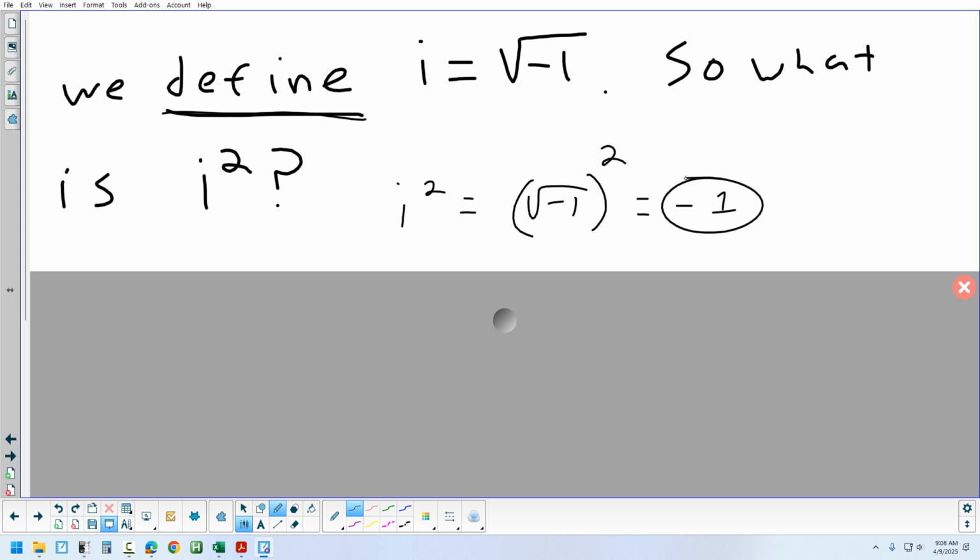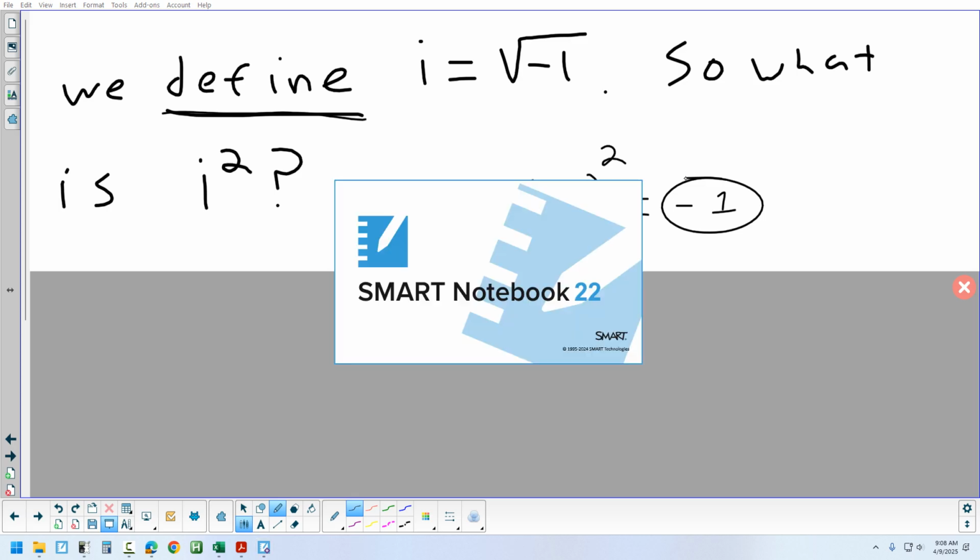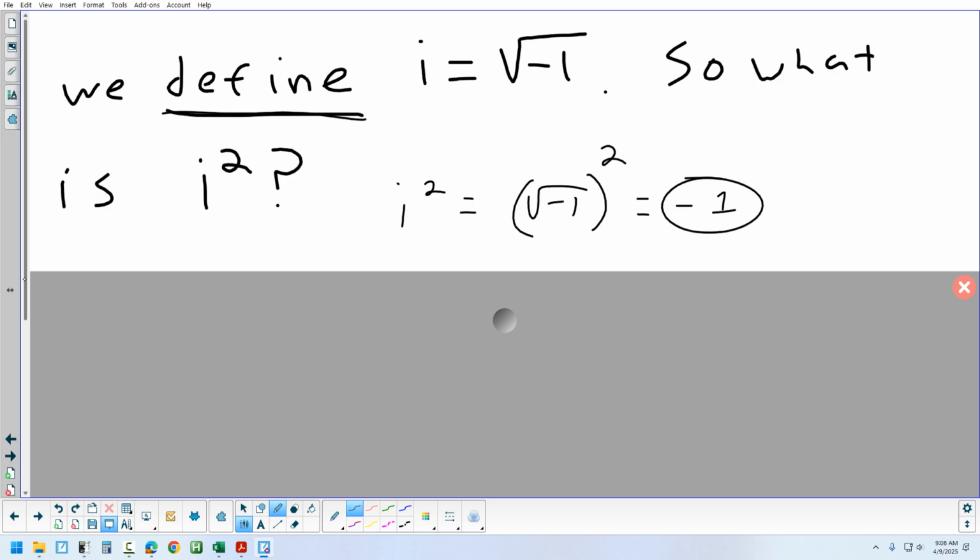Okay, and that is important because when we do multiplication, which is the next thing, we're going to end up with i squared quite a bit. Anytime you end up with i squared in a problem, you have to change i squared to -1. If you don't, it's not simplified.